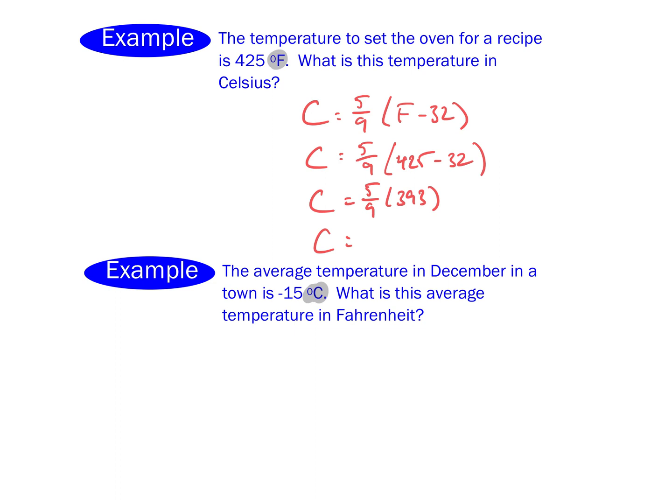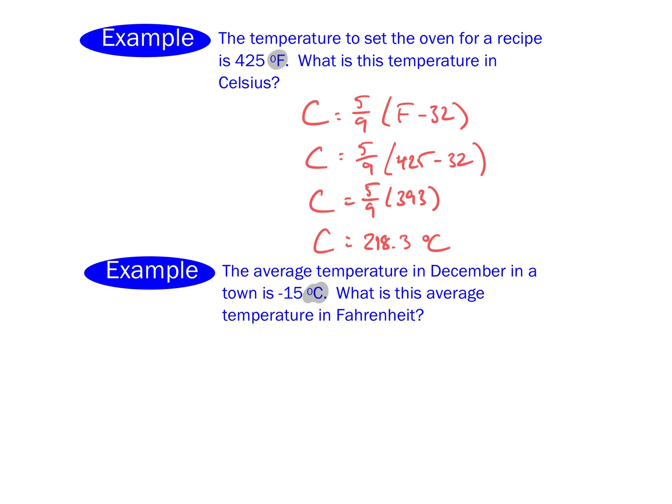So we get 218 degrees Celsius if we round it to the nearest whole degree. And if you want, you can write it to one decimal place, which is probably not a terrible idea. So 218.3 degrees Celsius. Okay, so that's how we do that.